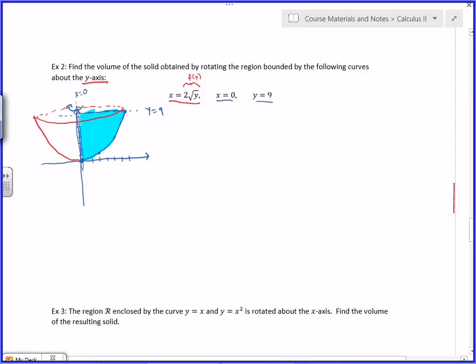And it says I want to revolve that around the y-axis. So since I'm revolving around the y-axis, the cross sections I'm going to take now are going to be horizontal. That is, I'm going to select some y here and slice through that solid and look at what the cross section looks like, right? Which is going to be that circle right there.